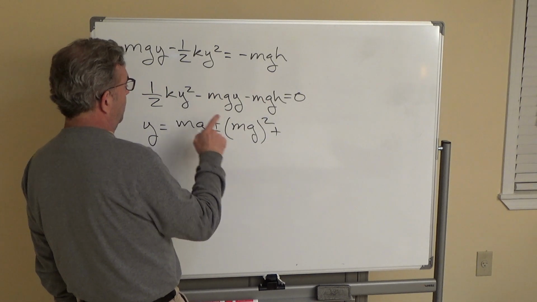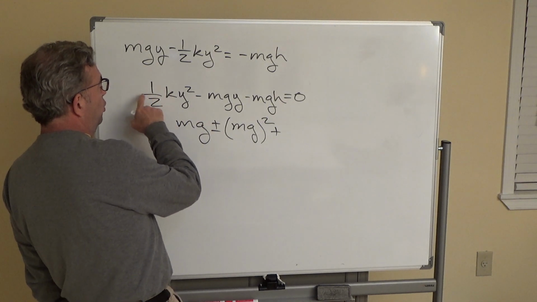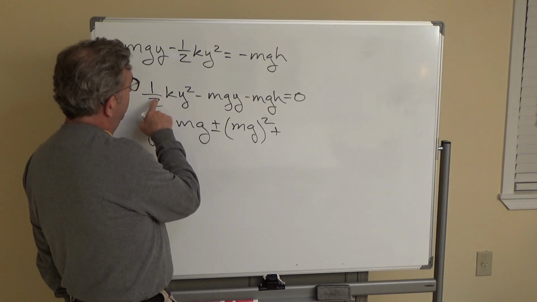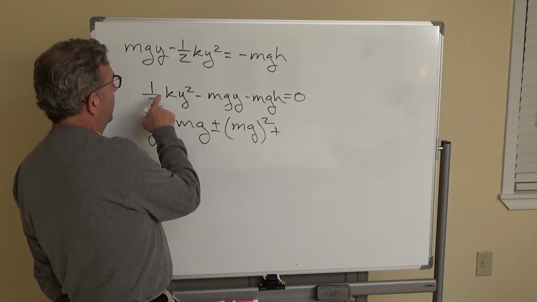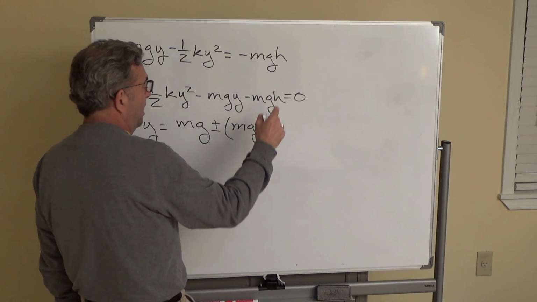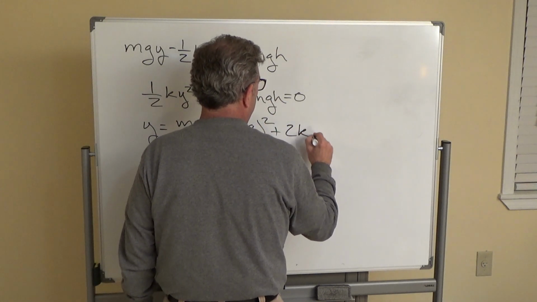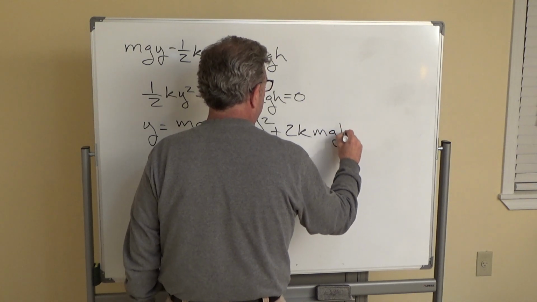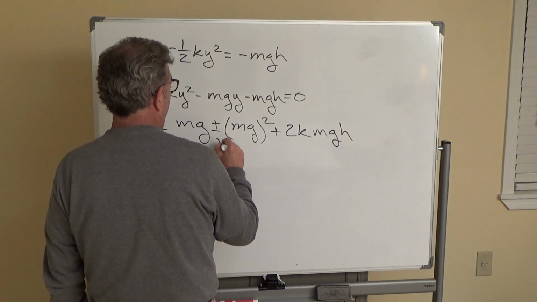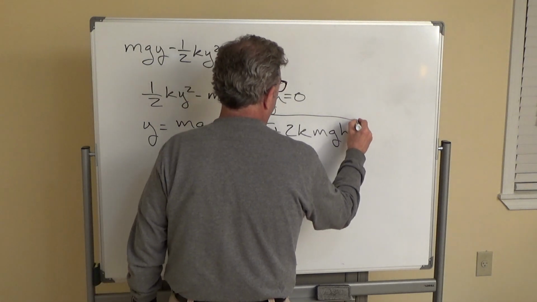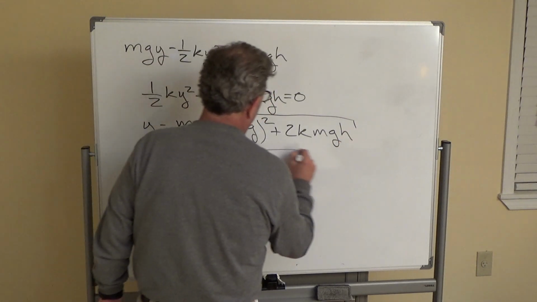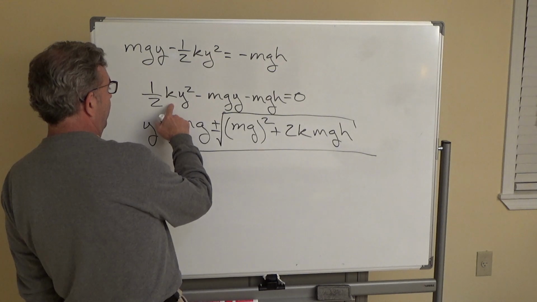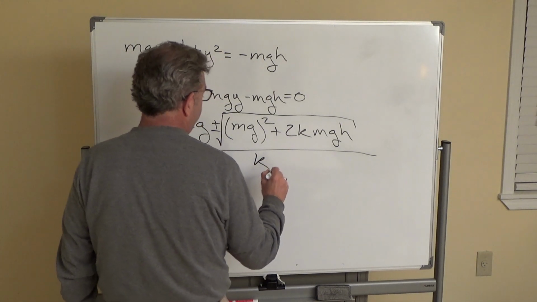So that becomes a plus. You get a 2 because you're multiplying a half by 4. You get 2kmgh. Okay? And all of that is underneath the radical. Then you have to divide by 2a. So you divide by k.